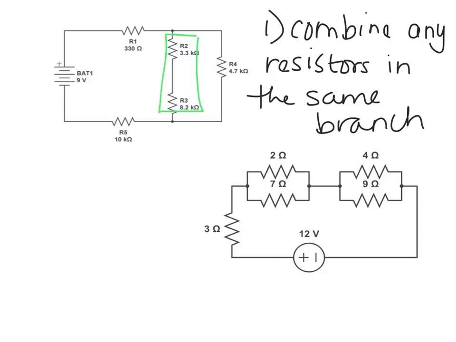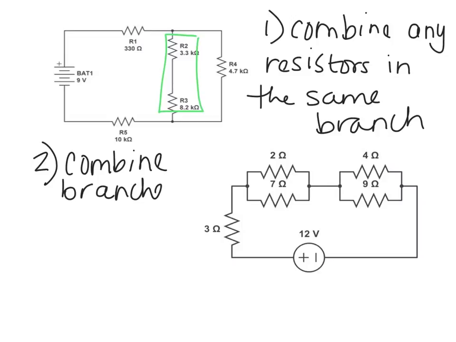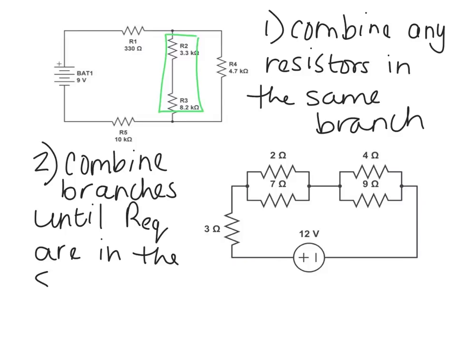So then the next thing would be to combine branches until equivalent resistors are in the same branch again.